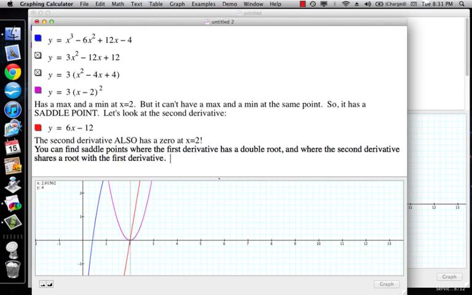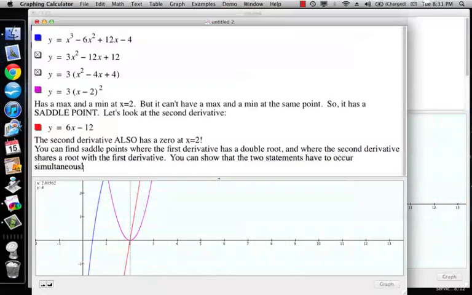And you can show that the two statements have to occur simultaneously. So if the first derivative has a double root, the second derivative must share a root with the first derivative. That's what I'm saying. Okay, so that's that video.